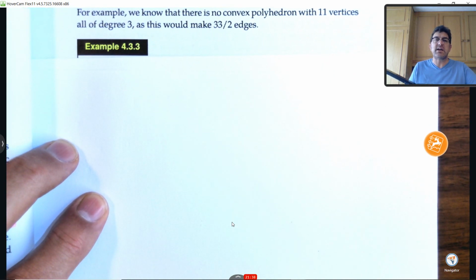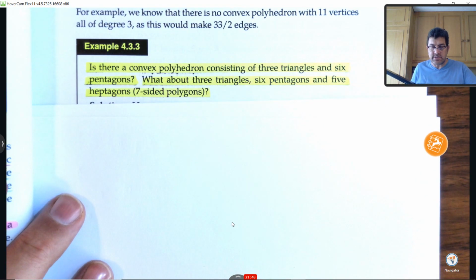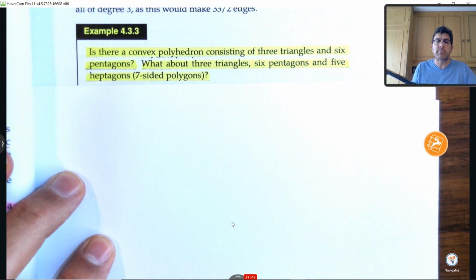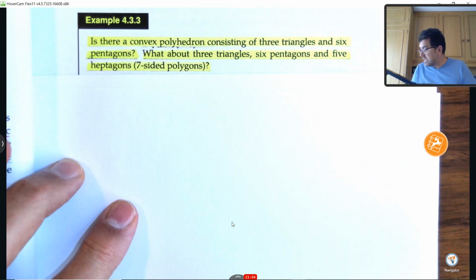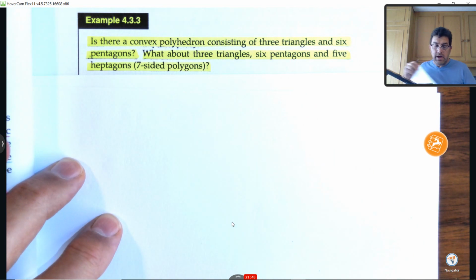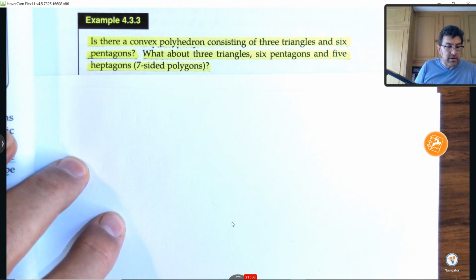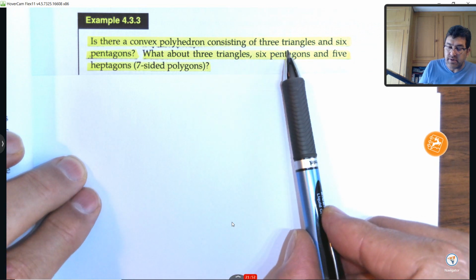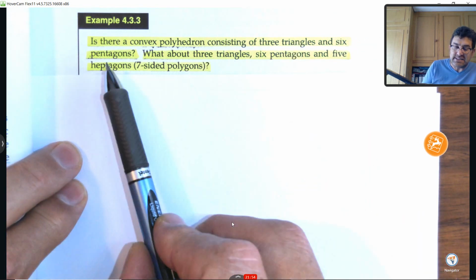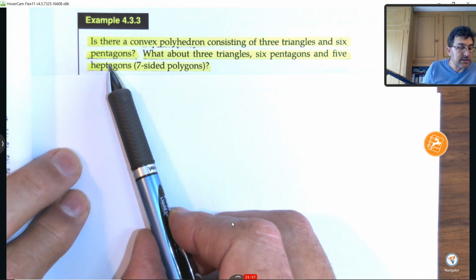Let us have a look at the very first example. The first example is asking us, is there any convex polyhedron that consists of 3 triangles and 6 pentagons?